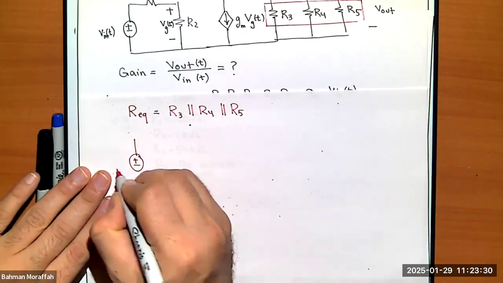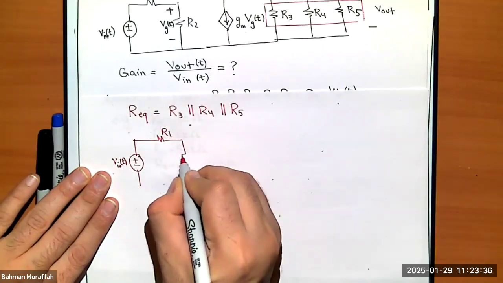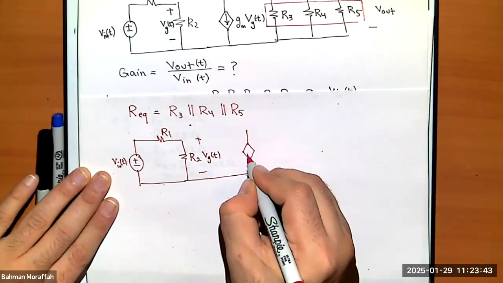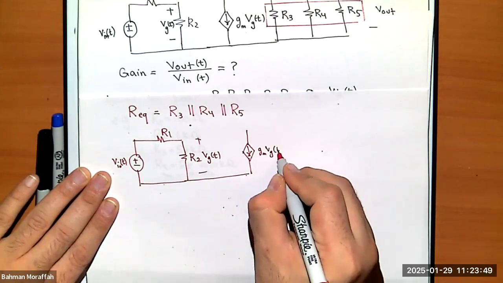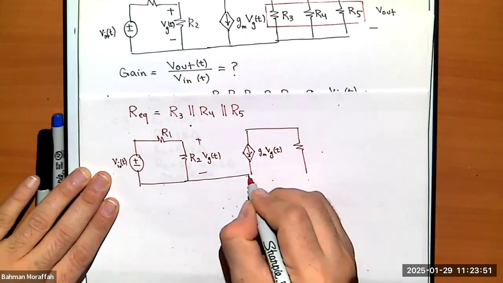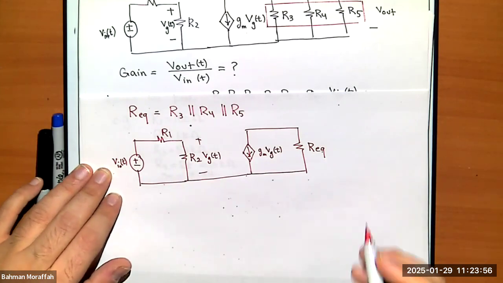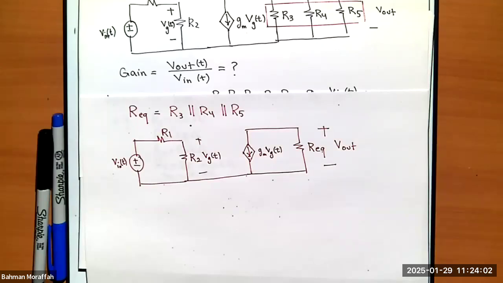I have V input of t, R1, R2, and the voltage across R2 is VG of t. I have this dependent source with value GM VG of t. And then I have this R equivalent, which is this guy. And I also know the voltage across this R equivalent is V out, because R3, R4, and R5 are in parallel. Okay?